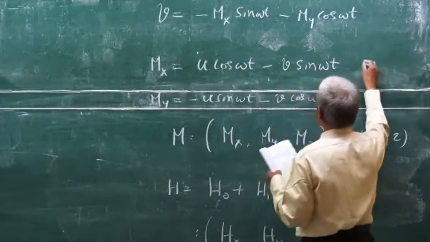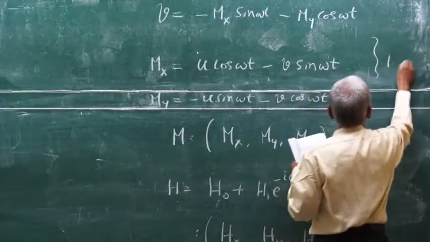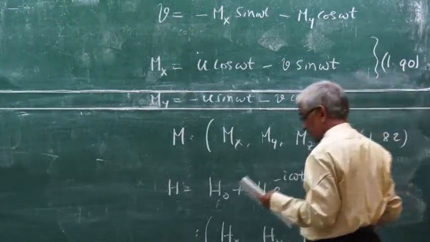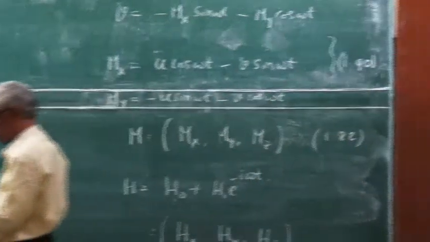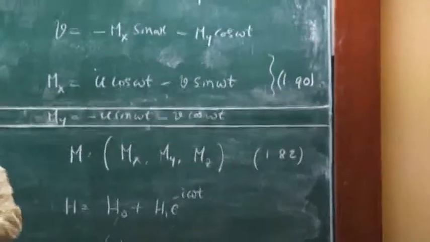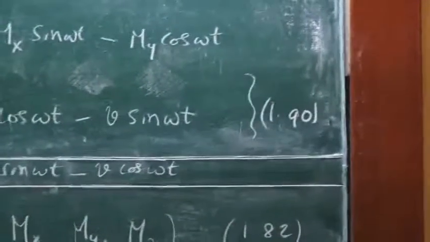Okay, so all these equations we put as 1.90. Okay, I think we can stop here. The solutions we will take up next time.